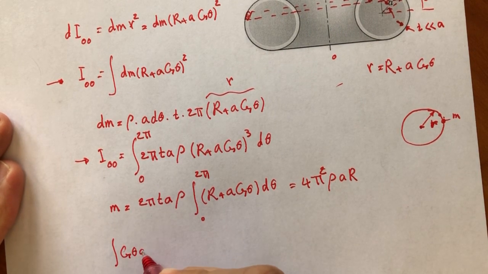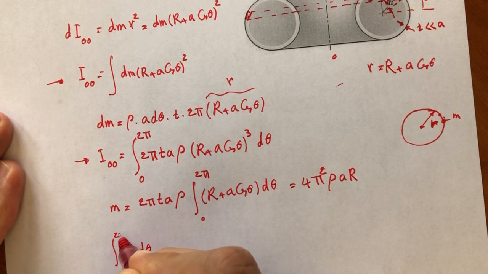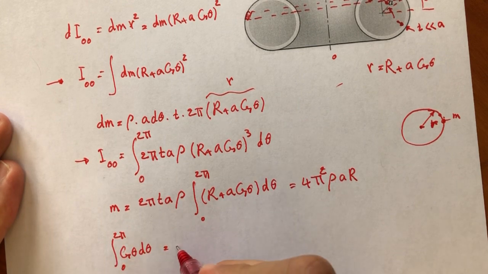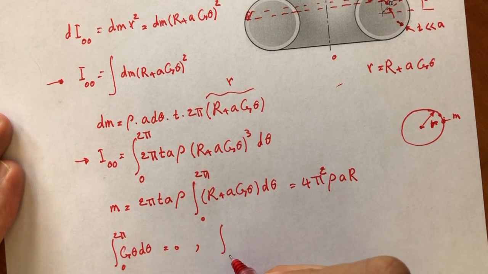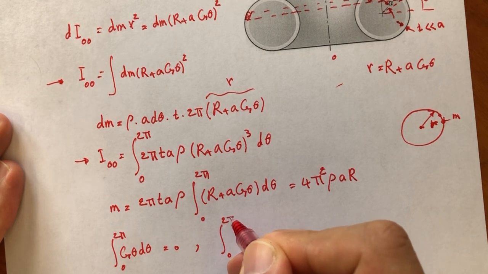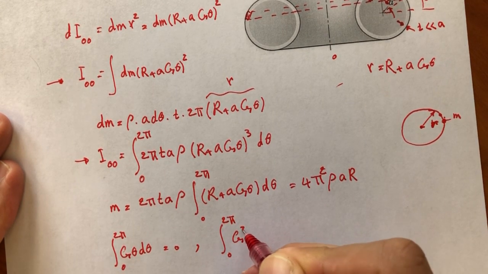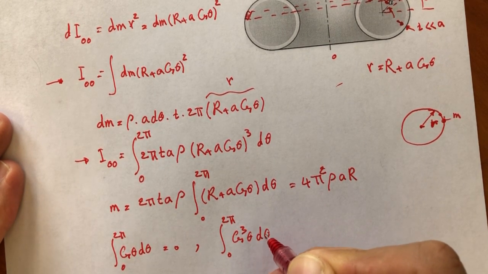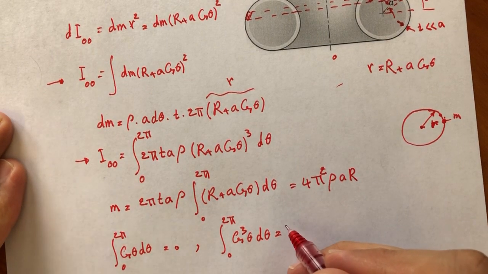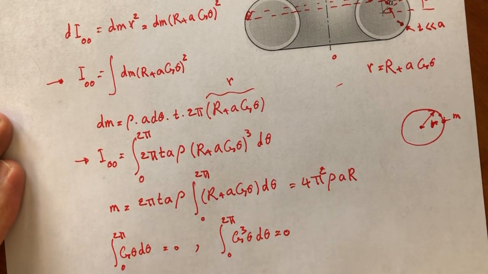Integral of cos θ dθ from 0 to 2π. The integral of cosine is sine, from 0 to 2π, which is 0 minus 0, so it's going to be 0. And in the same way, integral from 0 to 2π of cosine cubed of θ dθ is going to be equal to 0. Why?